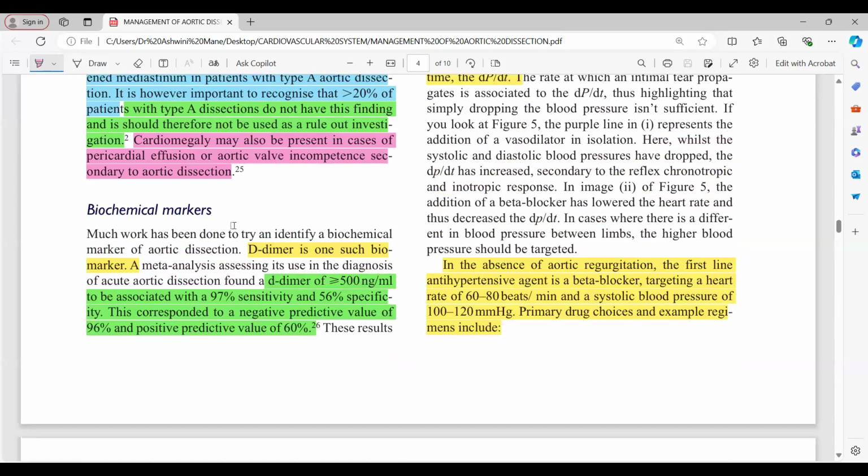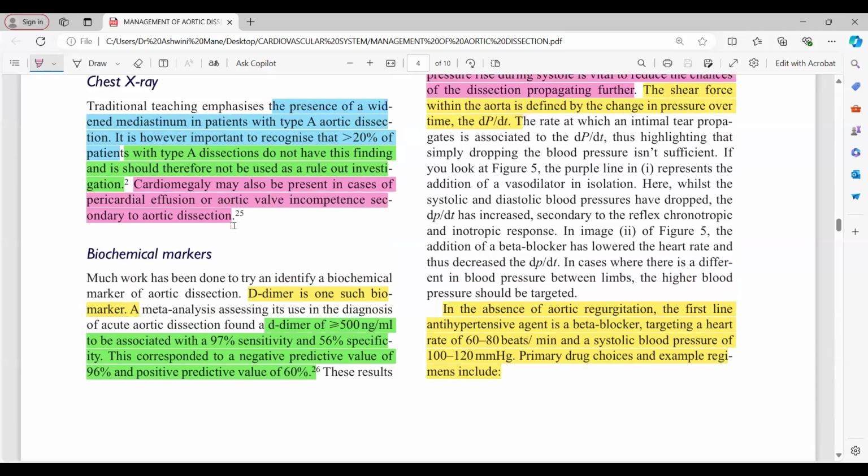Now the next investigation is biochemical markers. So D-dimer is one such biomarker. A meta-analysis assessing its use in the diagnosis of aortic dissection found a D-dimer of more than or equal to 500 ng per ml is associated with 97% sensitivity and 56% specificity. This corresponds to a negative predictive value of 96% and positive predictive value of 60%.